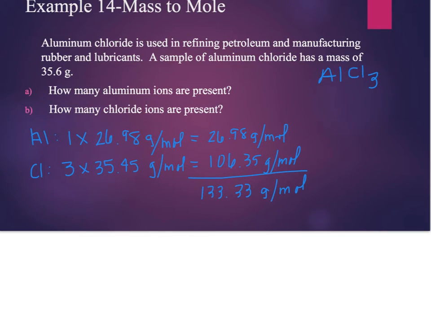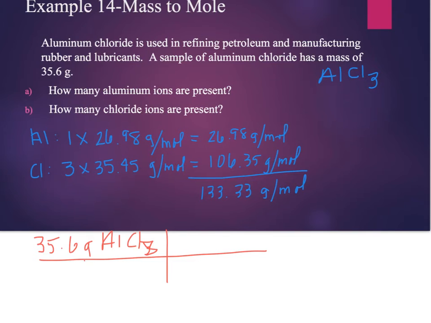The next thing we're going to do is start out with what we were given, which was 35.6 grams of aluminum chloride, AlCl3. Then we're going to use our molar mass that we just calculated to convert everything over to moles.